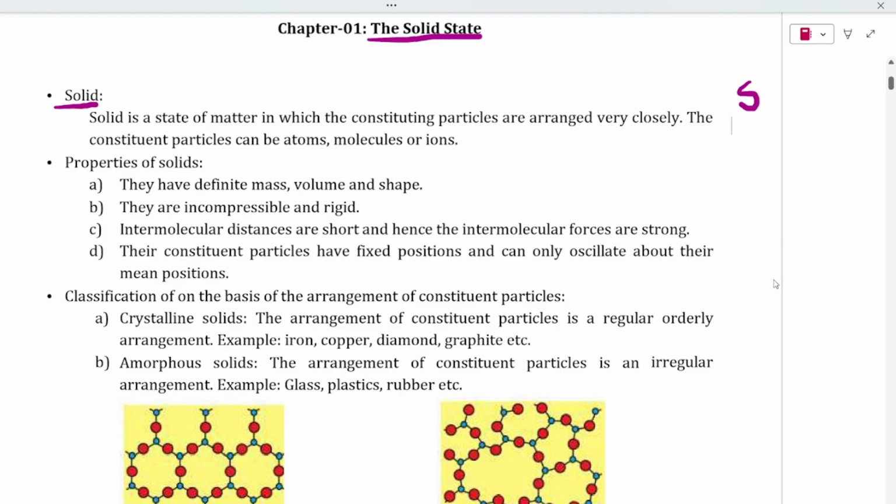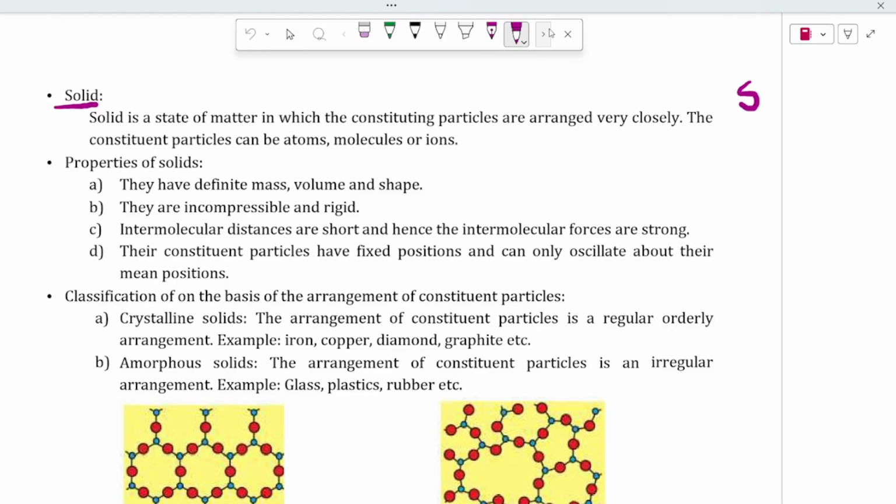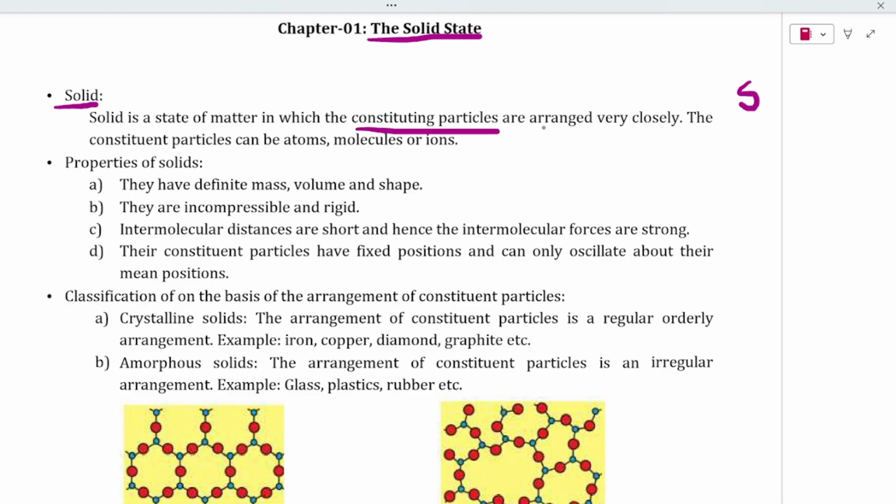Now, in a solid, as we know, the constituting particles are arranged very closely, with no gaps. The constituting particles can be atoms, molecules or ions.